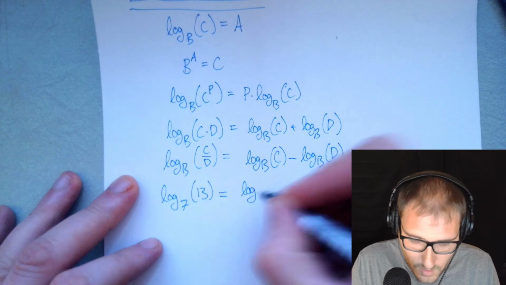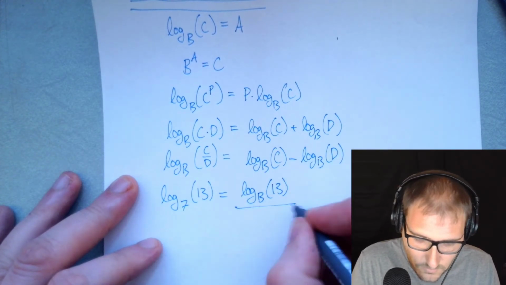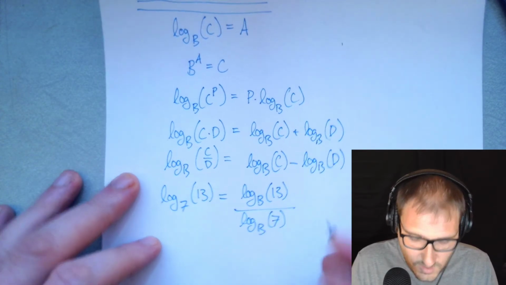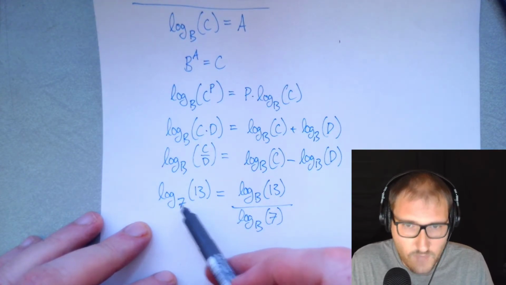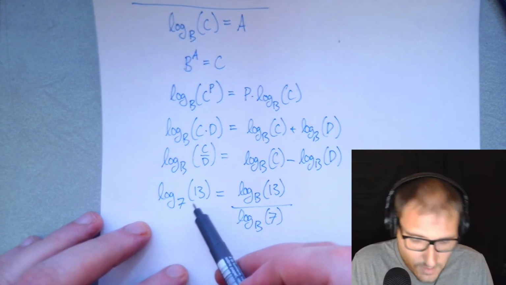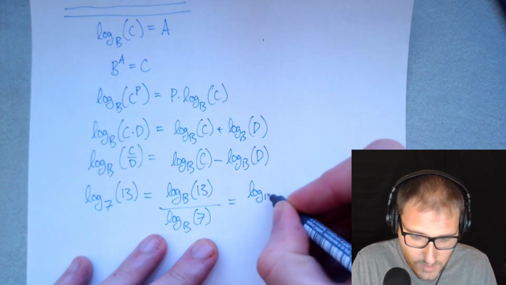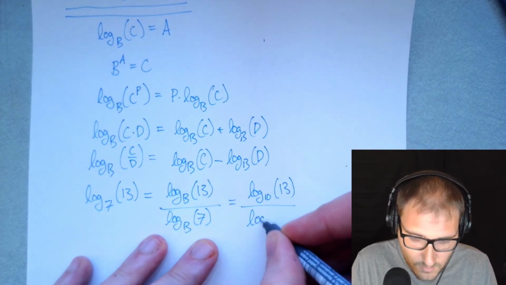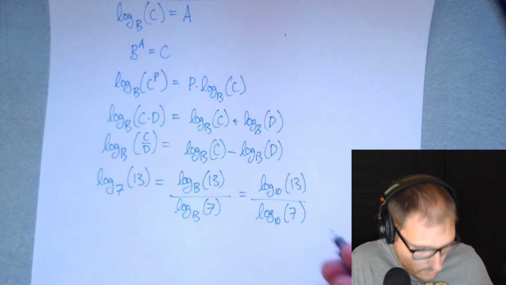You can do log base whatever of 13 and divide by log of that same base of 7. So if your calculator doesn't have a log base 7 button, they almost always have a log base 10. You can do log base 10 of 13 and divide by log base 10 of 7, and you're good to go.